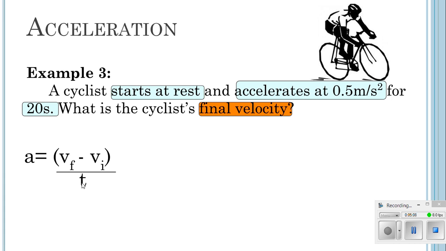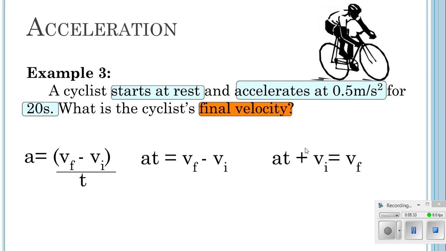Dividing by t, that means I need to do the opposite, which is multiplying by t, both sides. So I'm going to have at is equal to vf minus vi. Still need to get vf by itself, so I need to get rid of this vi. Since I'm subtracting vi, I'm going to need to add vi to both sides. So I'll have at plus vi equals vf.